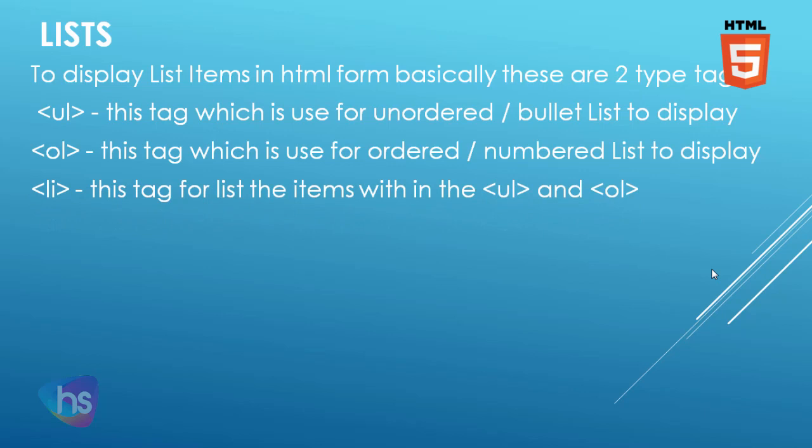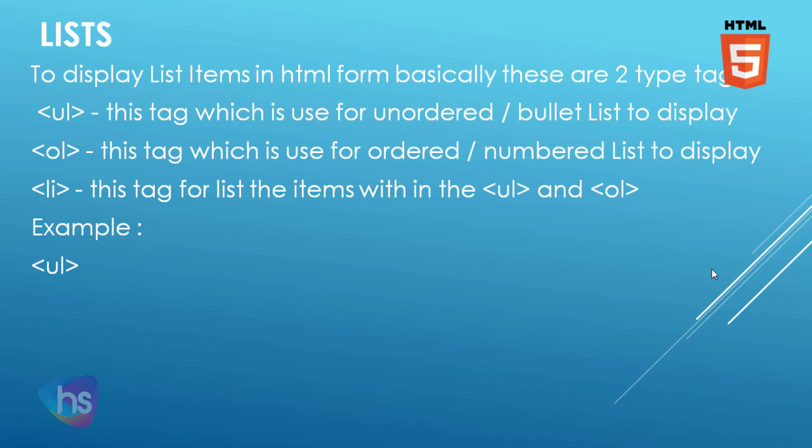This tag lists the items within the ul as well as the ol. By using the ul tag and ol tag, within those particular tags, we need to display some items. What are the list items? We need to write them using li to display the items.